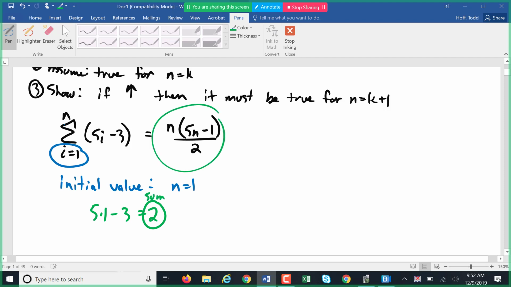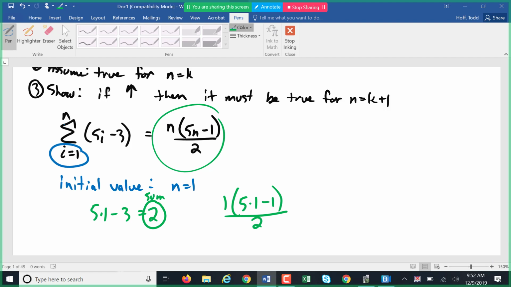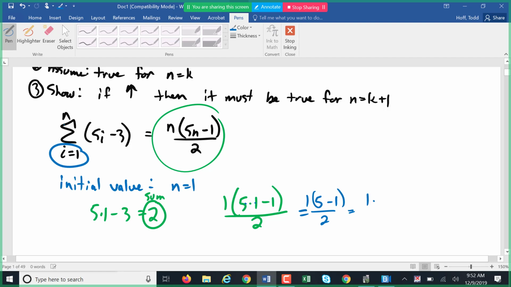Well, using this formula then, if n is 1, that is 1 times 5 times 1 minus 1 over 2. Well, 5 times 1 is 5, minus 1 is 4. 1 times 4 is 4, over 2 is 2.